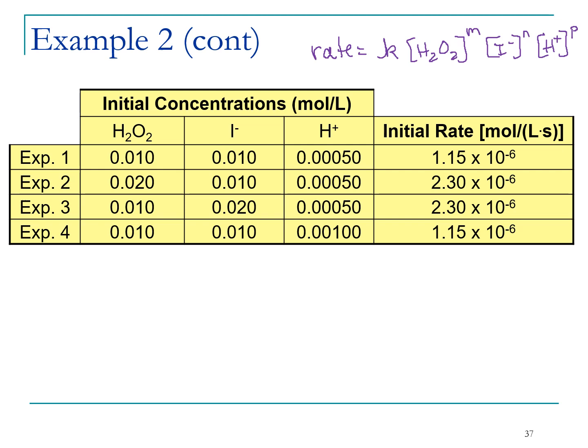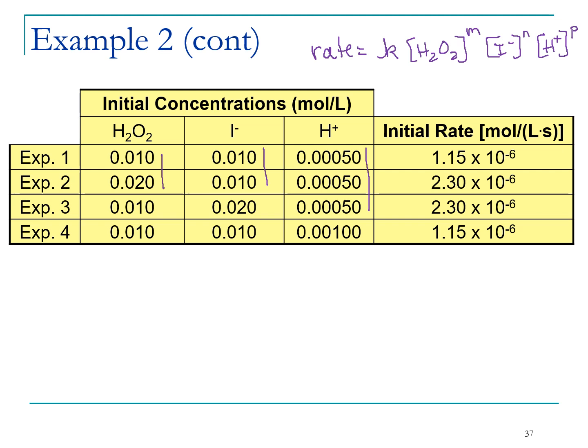So let's look at it. And just be careful because every set of data is slightly different. Notice in the first three, the H plus is constant. And in the first two, the I negative is constant. And all we've changed is the H2O2. So if we use experiment 1 and 2, we can find out what the exponent is for H2O2.